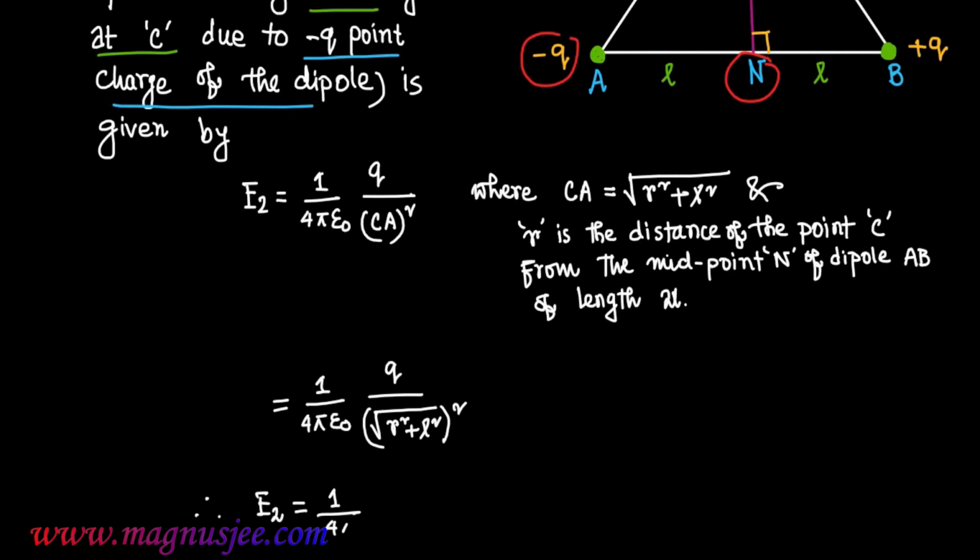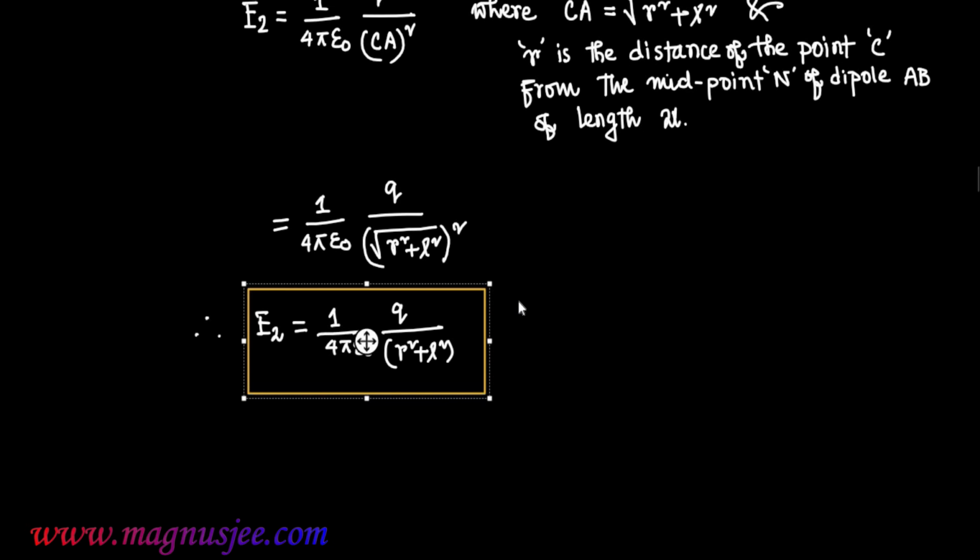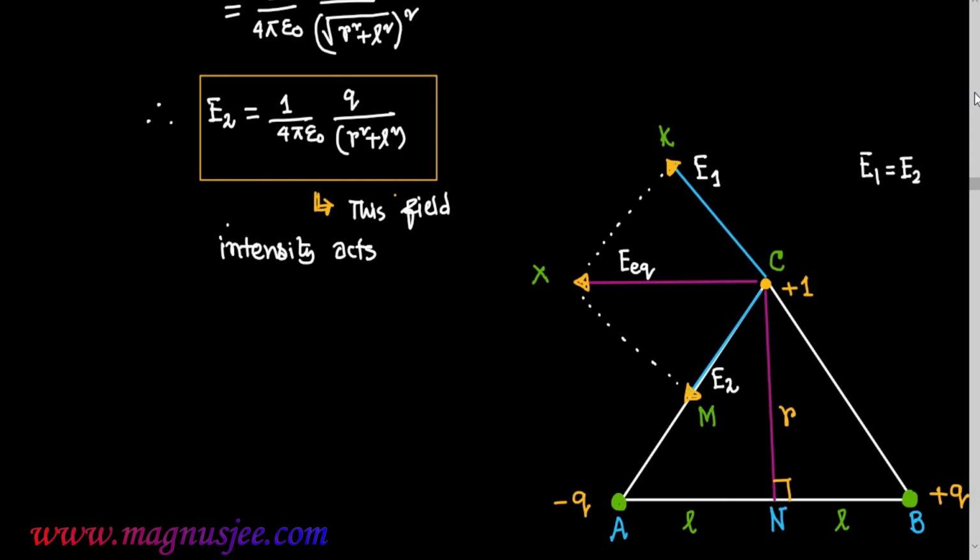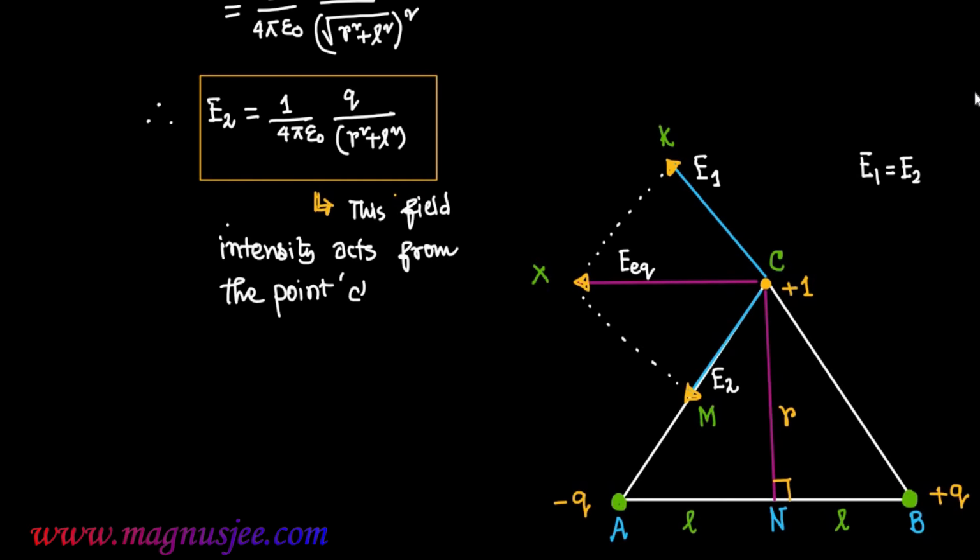Therefore, E2 equals 1 by 4 pi epsilon 0 q divided by r square plus L square, and this field intensity acts from the point C towards the minus q point charge of the dipole AB.